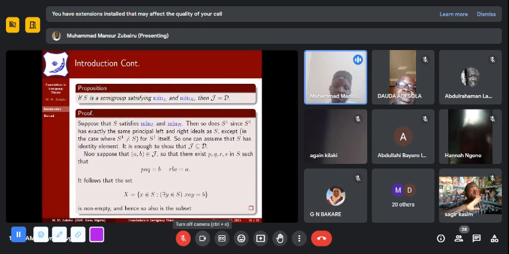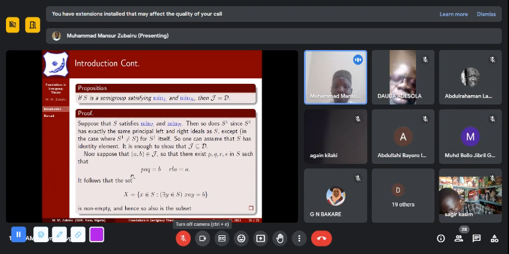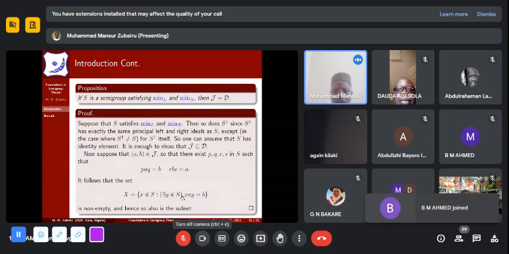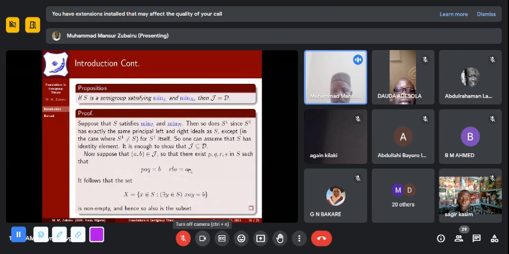We pick an element (A, B) in J, and as usual by definition, you can find P, Q, R, S in S such that PAQ is equal to B and RBS is equal to A. Now, define the set of X in S such that there exists Y in S with XAY equal to B. This set is surely not empty, because A and B are in J, so this equation holds.